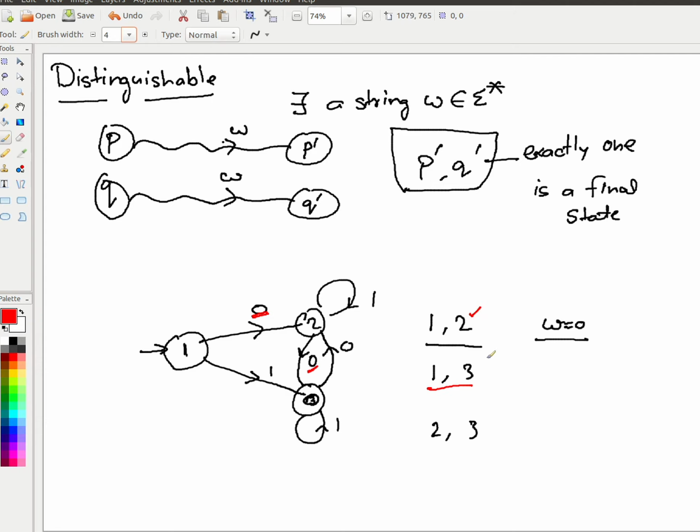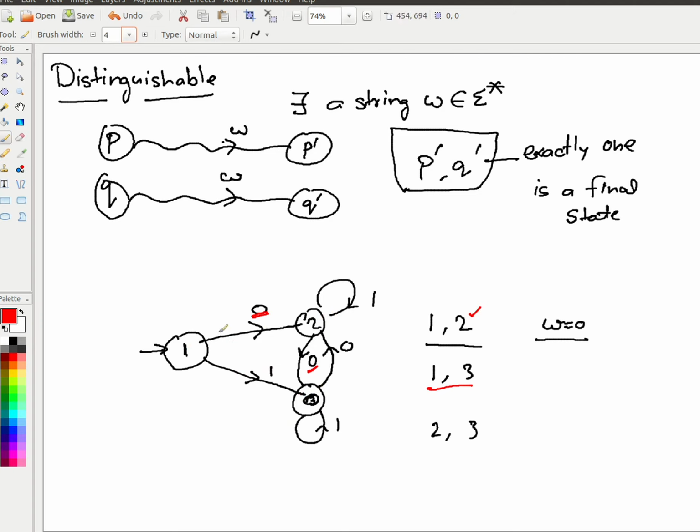What is the smallest string that can make 1 and 3 distinguishable? Or is it equivalent? If I say 0, it goes to 2, this also goes to 2. At 1, it goes to this, it also remains there. So what should I say?